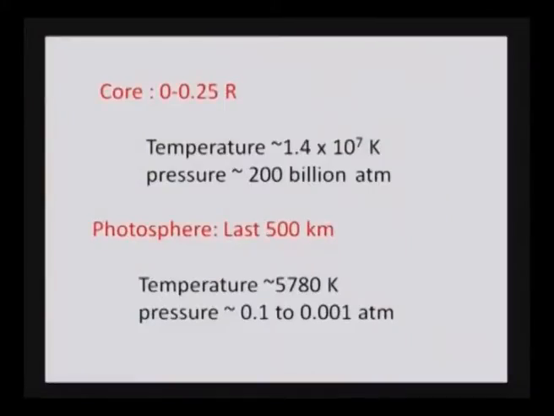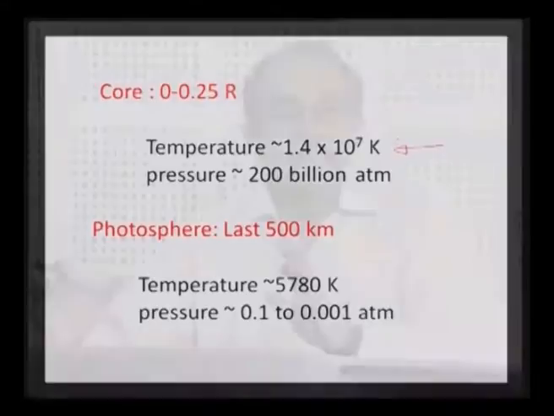Okay. So, in the core, the temperature, as I said, is around 1.4 or 1.5 times 10^7 Kelvin, and the pressure of the gas there is very high. Temperature is very high, and the pressure is also very high. The density of that gas is, say, 160 times the density of water under normal conditions, so say 160 grams per centimeter cube.